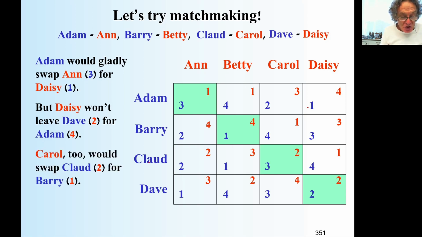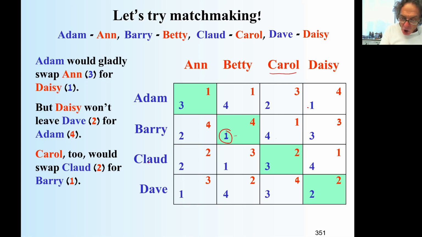Carol too would swap Claude for Barry. Let's talk about Carol. What did she get? Carol got number 2. She would like Barry, number 1. But Barry, who got number 1 for himself, doesn't want to leave Betty for Carol, who is number 4.